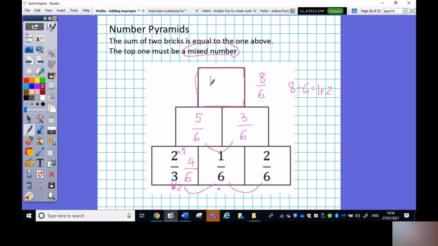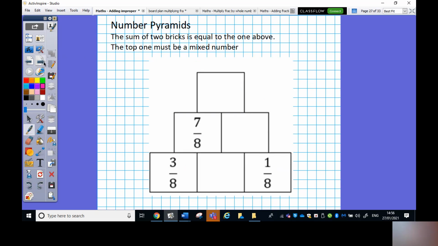So I know I have 1 whole and then 2/6. Great. Or I can simplify that as 1/3. So either 1 2/6 or 1 and 1/3. Okay, let's take a look at the next one.